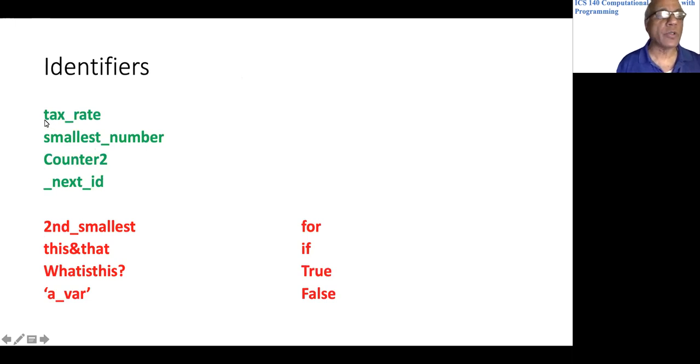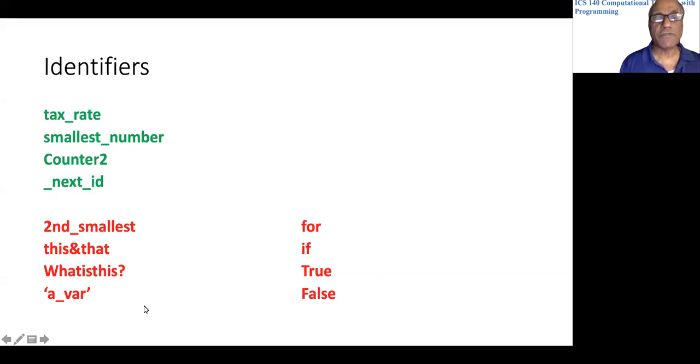You have to start your identifier with an alphabetic character, A through Z, uppercase or lowercase, or the underscore character. So here, the first 3 have alphabetic characters starting the identifier. The 4th one has the underscore. After the first letter, you can have alphabetic characters, underscores, or digits. Nothing else is permitted in the identifier.